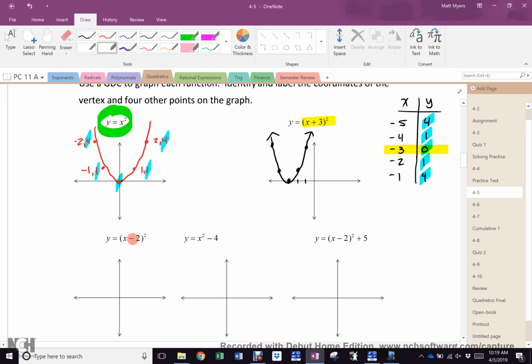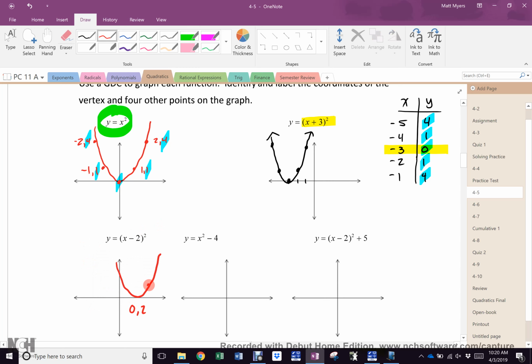What would you do if that 2 wasn't there? It would be that, right? It's the same as up here, yeah? But that 2 is there. So what do I do? I move it 2 to the right. So my vertex becomes what? Becomes 0, 2.